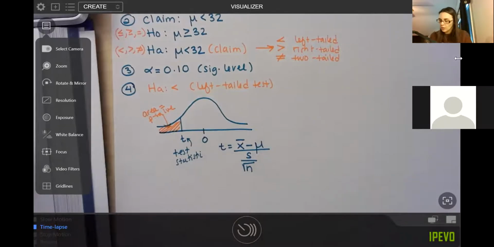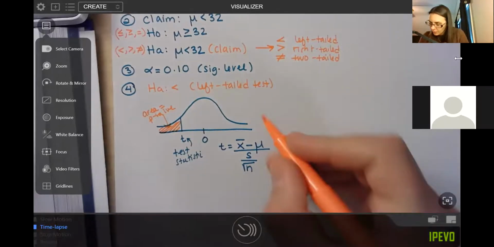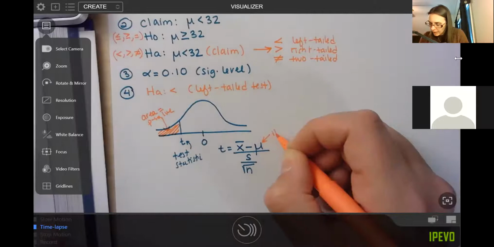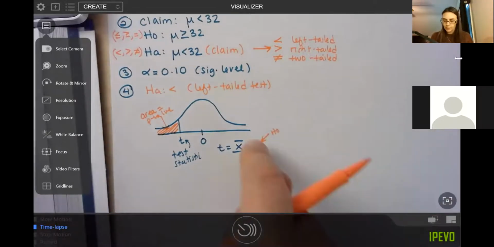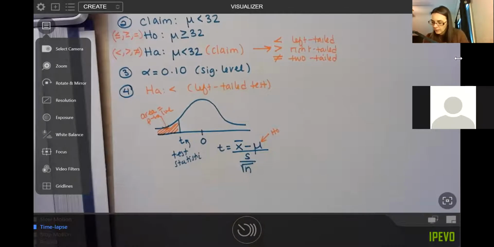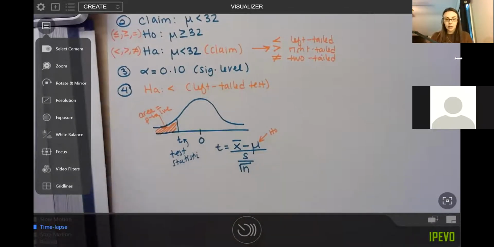Now, this mu here is from your null hypothesis. So whatever number you have in the null hypothesis, so here it's 32, that's going to be what the mu is. Our n in this case, we already know is 18, that's our sample size, but I do need the sample mean and the sample standard deviation.